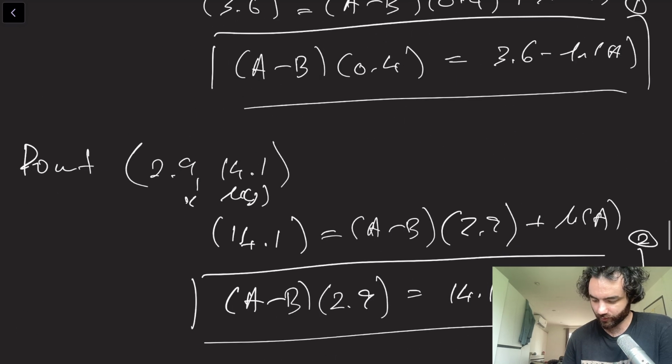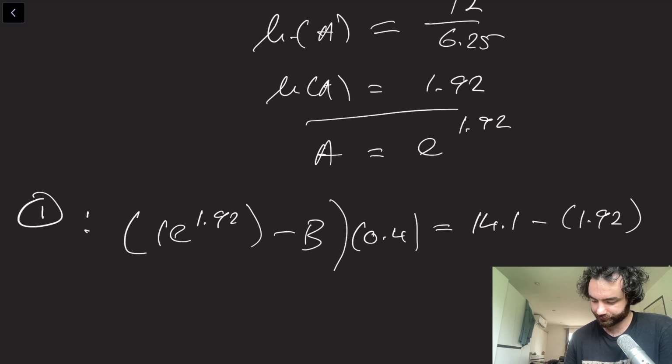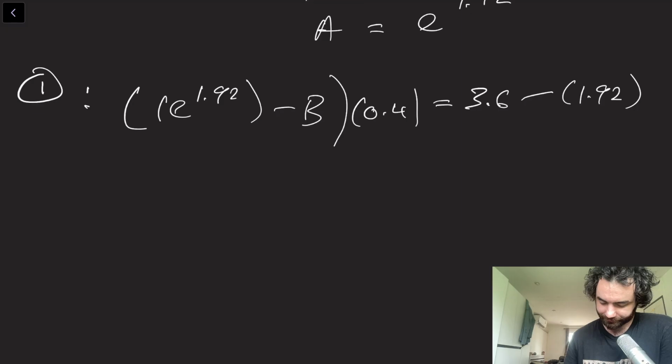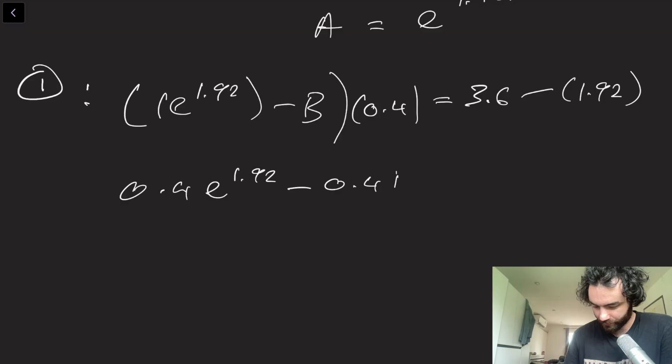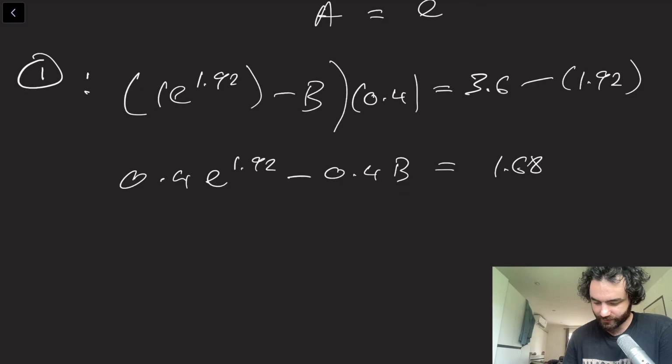Oh, not 14.1, 3.6, sorry. So you get 0.4 e to the 1.92 minus 0.4b equals 3.6 minus that, which is 1.68.